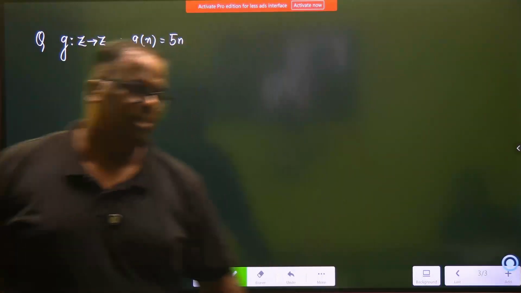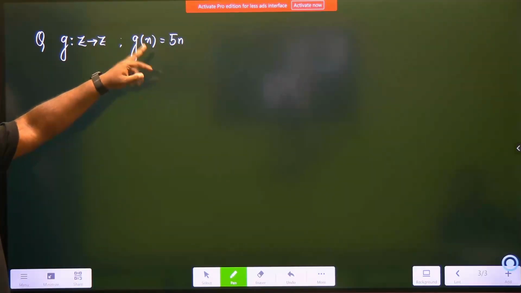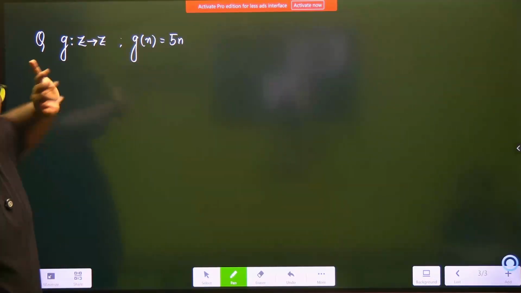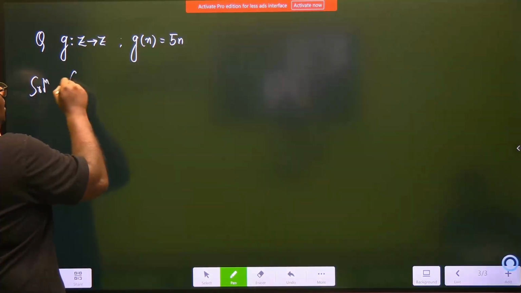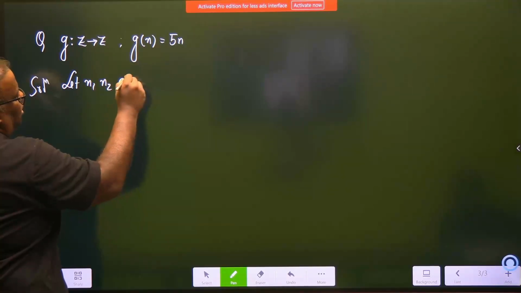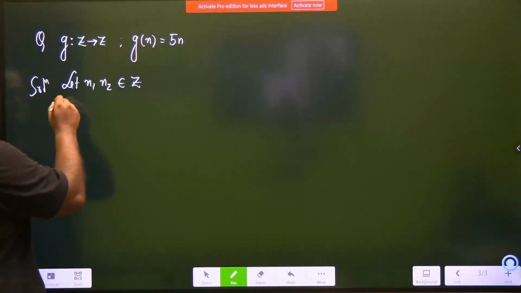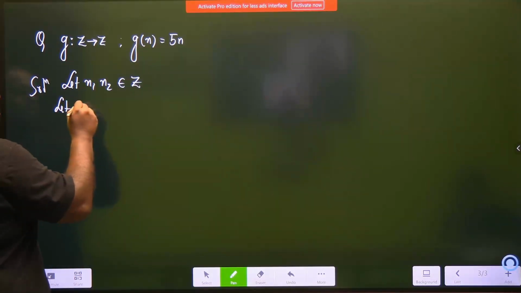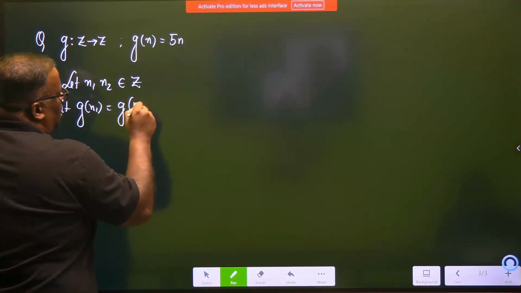Right? So we'll use our same step. Now look at what is the independent variable, n. So we'll take an n1 and an n2. Okay, so we start the solution. We say let n1 and n2 belong to the integer family. Then we say let g of n1 equal g of n2.